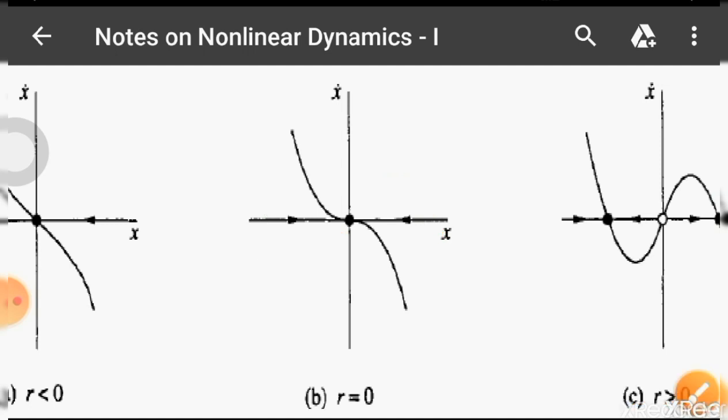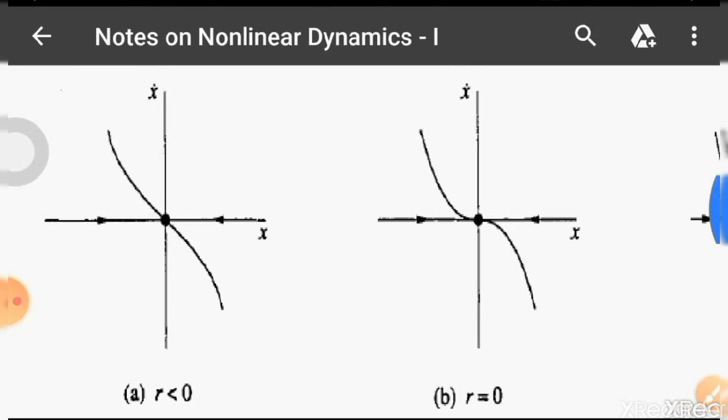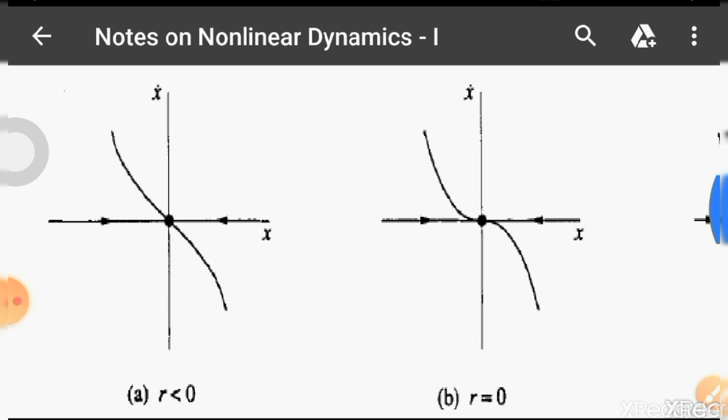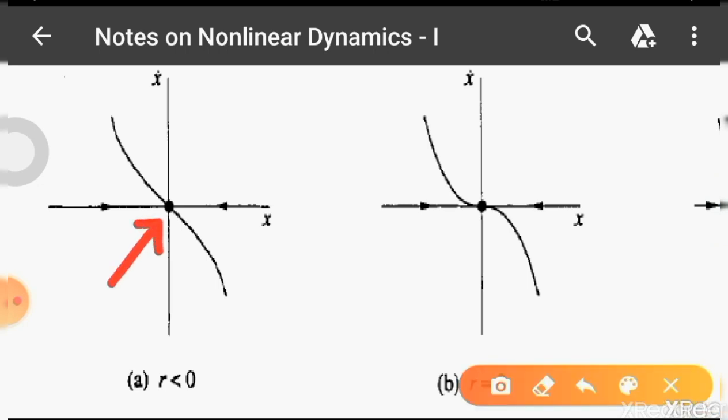Okay. Now what is the difference between the stability of this fixed point at x equals 0 for these two conditions? When r is less than 0, x equals 0 is a stable fixed point, and when r is equal to 0, the fixed point is also a stable one.